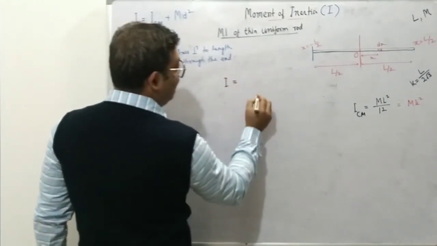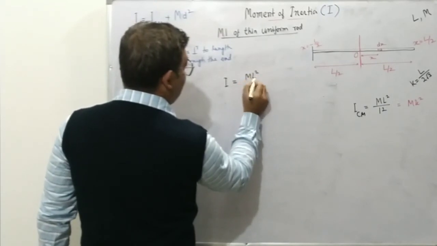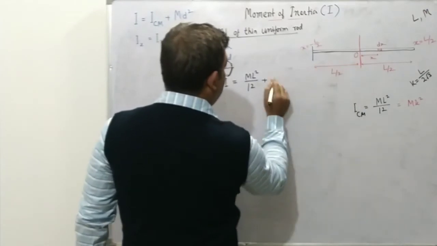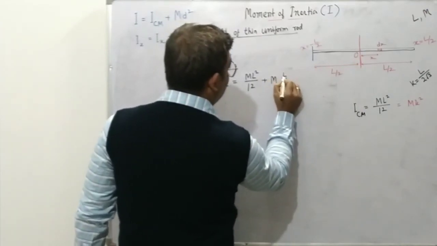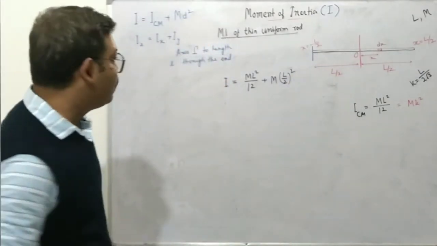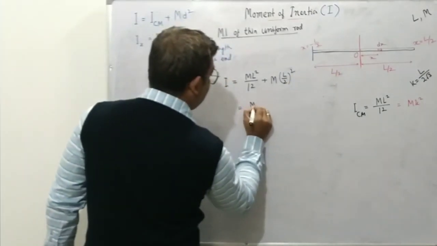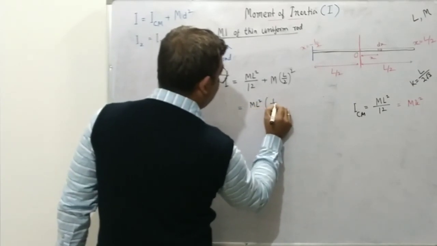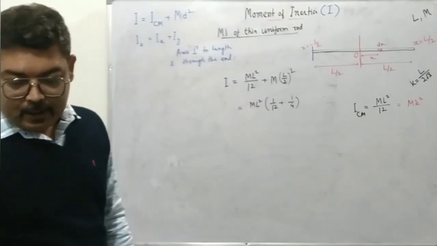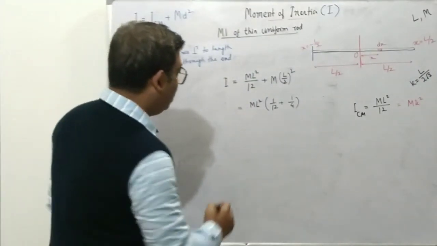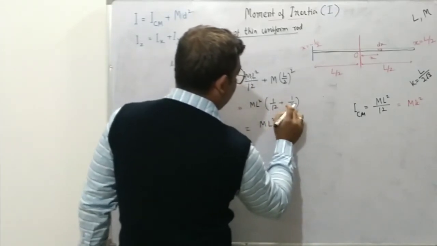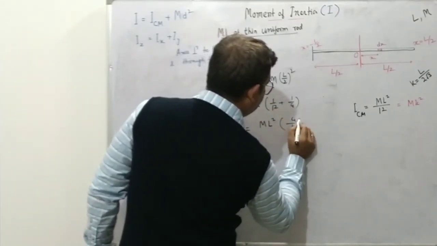We get I about the end will be I CM, M L squared by 12, plus M into L by 2, that is the distance between the two given axes, so L by 2 whole squared. If I take M L squared common, we have 1 by 12 plus 1 by 4, right? Or we can write this as M L squared 4 by 12.